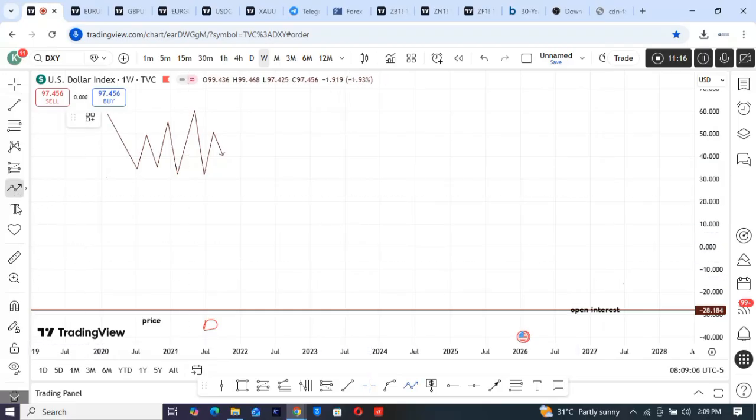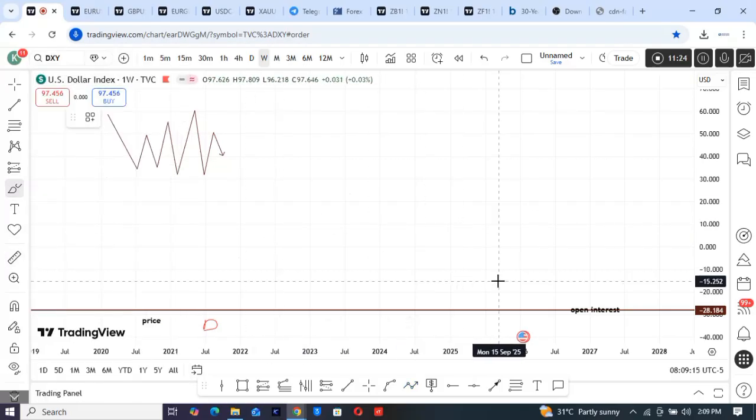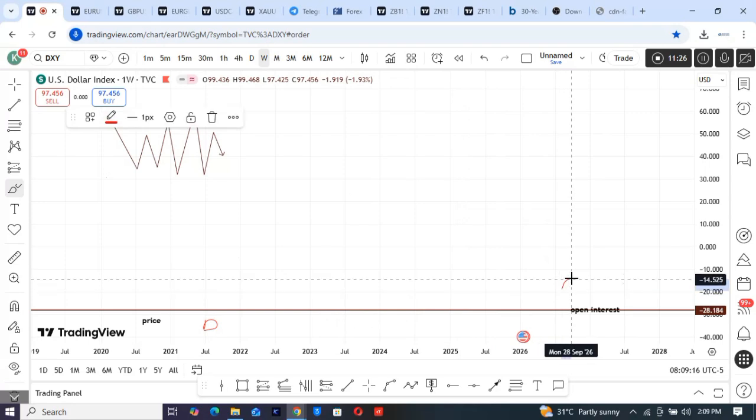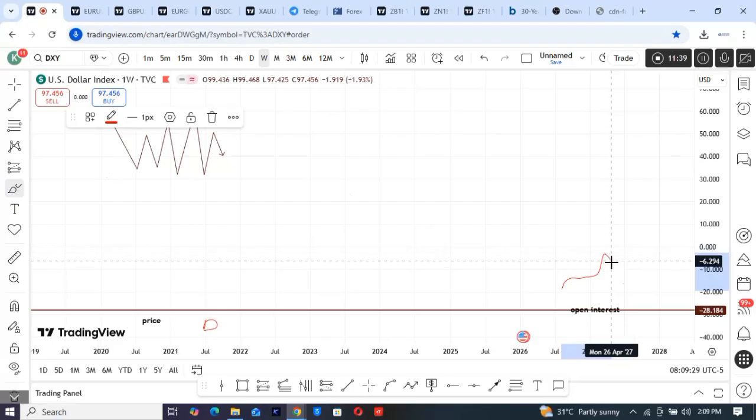We see the open interest over here moving, then we had a parabolic move in the open interest, more like a surge, and after that an immediate decline.